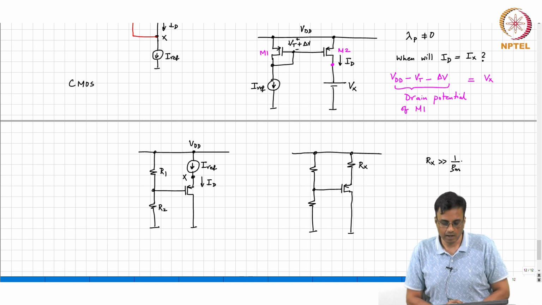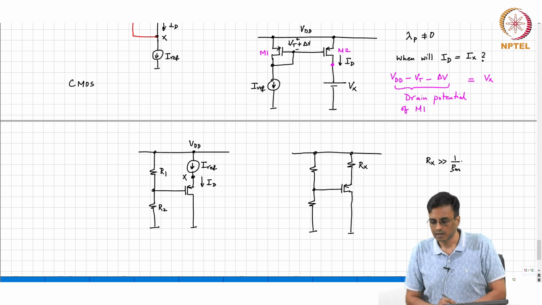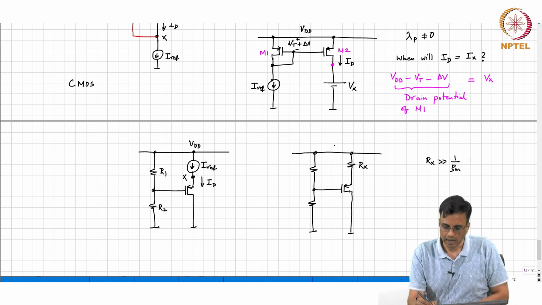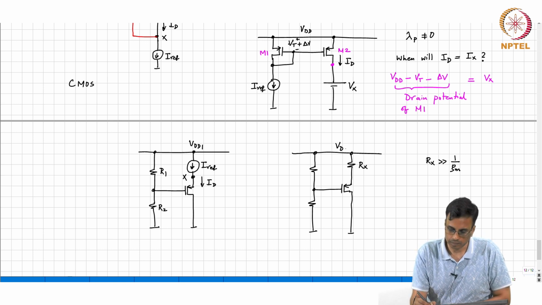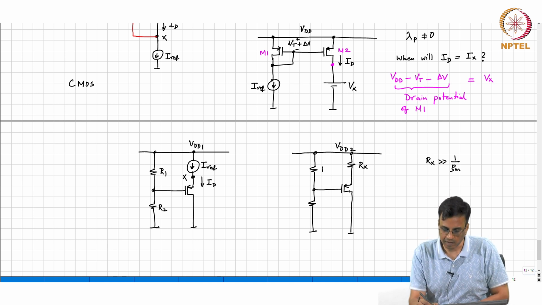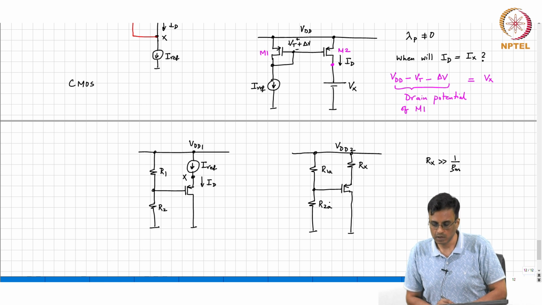Okay, and if you still followed the line of thought, that will be only possible if Rx is very large, right? Then the drop across Rx also will become large, and therefore it has to be accompanied by an increased supply voltage, right? And these resistors will also be different, so as to provide the appropriate gate-source voltage.